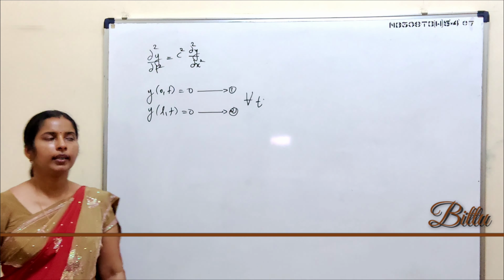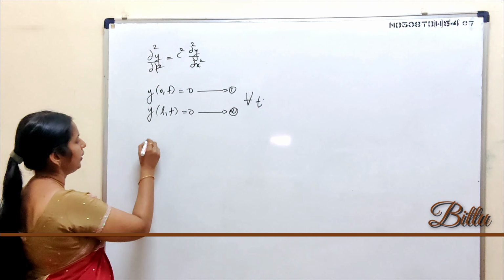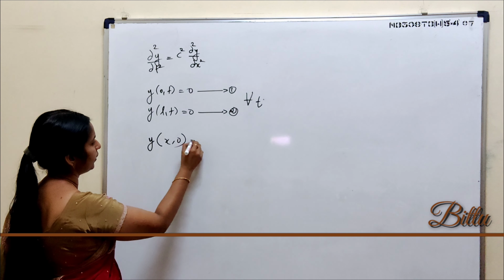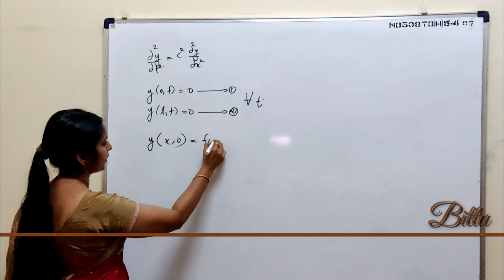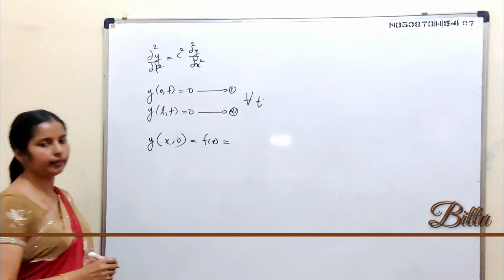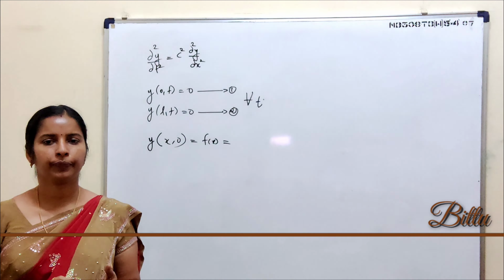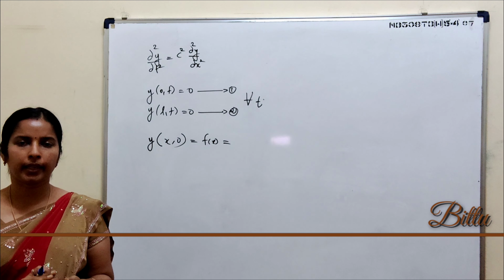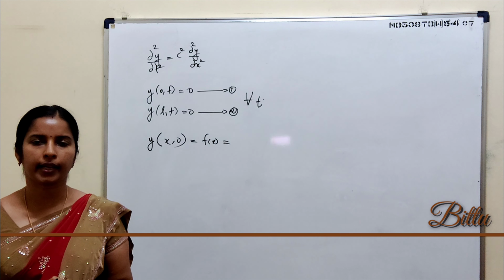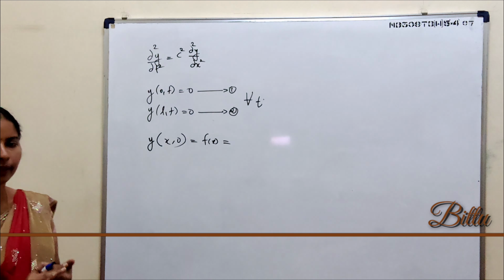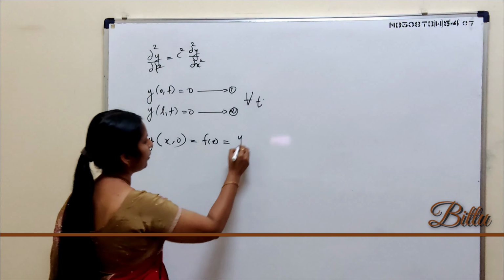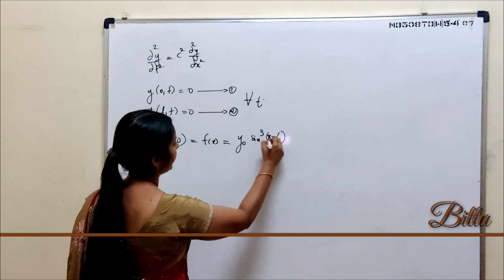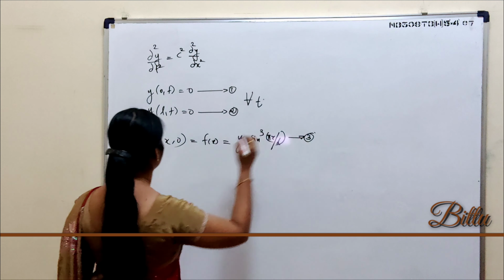Next we have to make the initial conditions. Initial conditions: y of x,0 equal to f(x). What is f(x) here? See, it is initially in a position given by y equal to y0 sine cube pi x by L. So f(x) is y0 sine cube pi x by L. That is equation number 3.